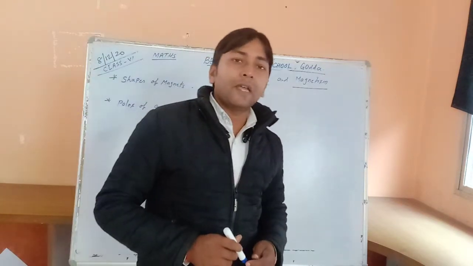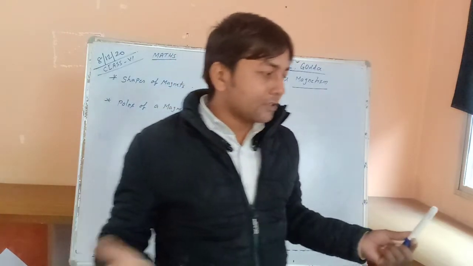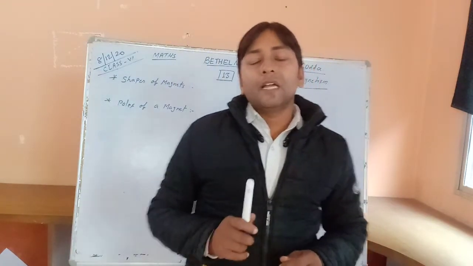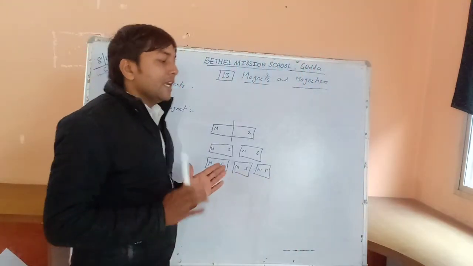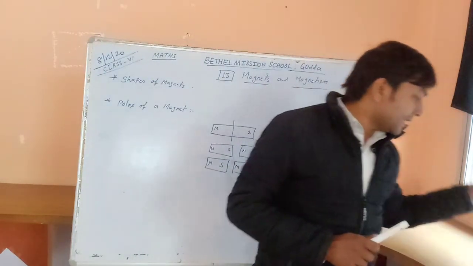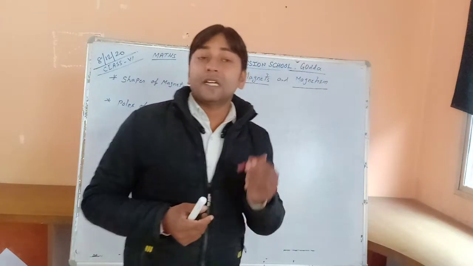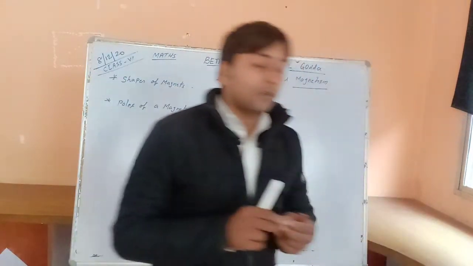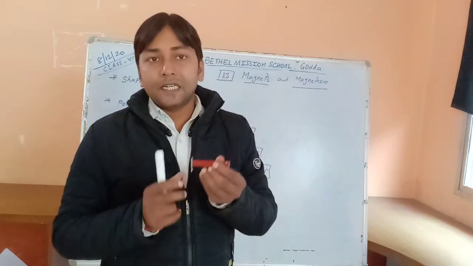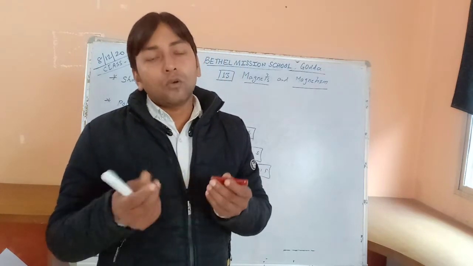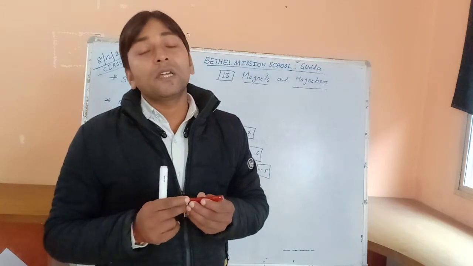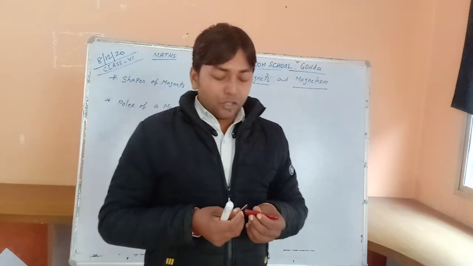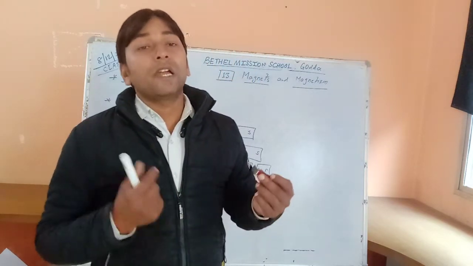Now we talk about magnetic materials and non-magnetic materials or substances. The substances which can be attracted by a magnet are known as magnetic substances, like iron. Iron can be attracted, and these metals can be attracted by magnets. So these are known as magnetic materials.